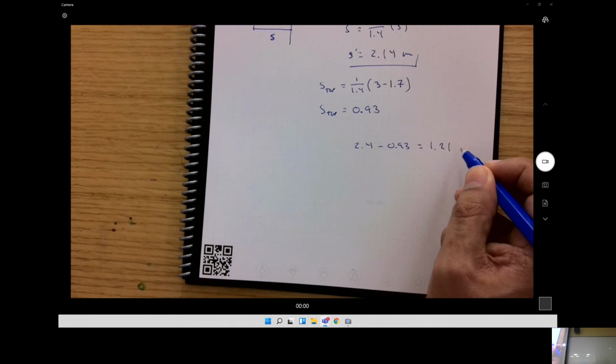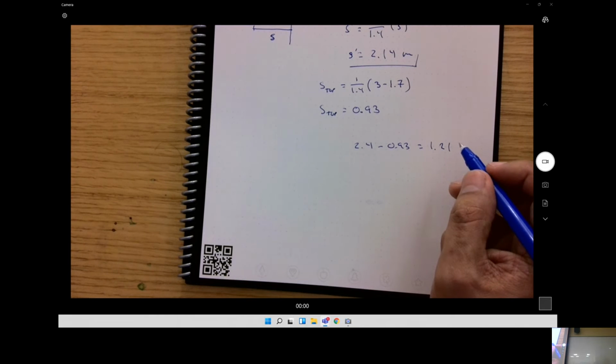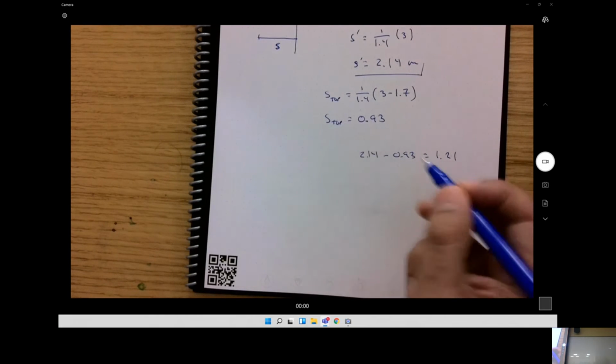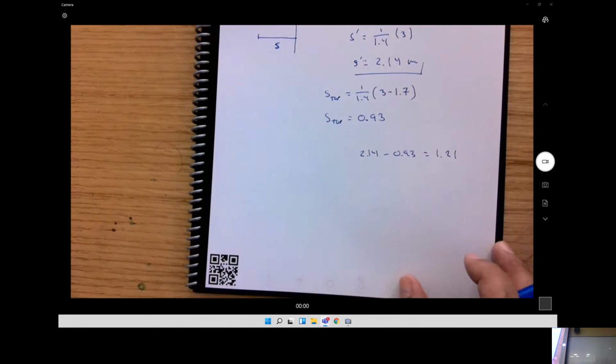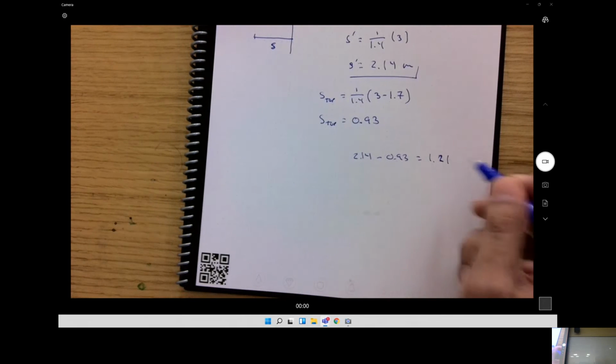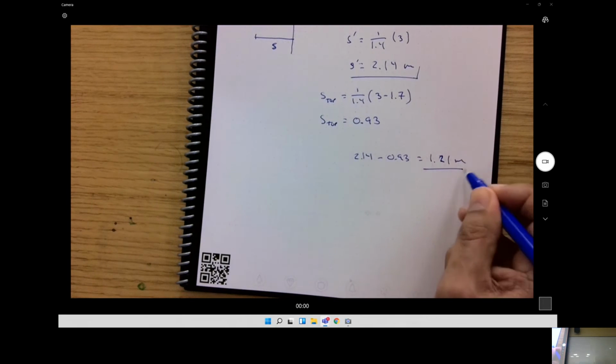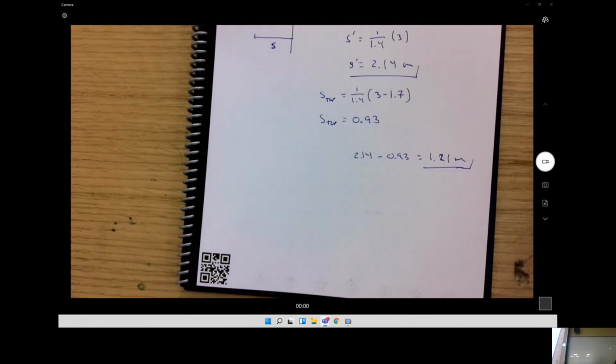It's 2.14, not 2.4. Say that again. It's 2.14, not 2.4. Oh, yeah. Okay. Makes sense?